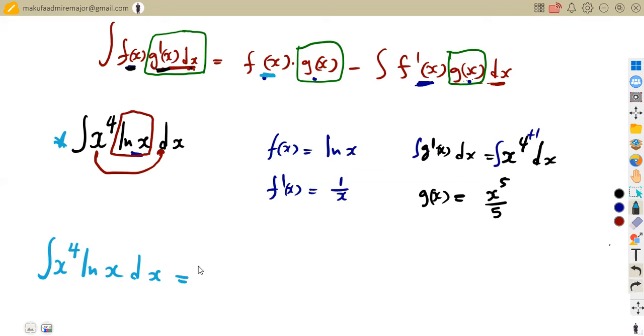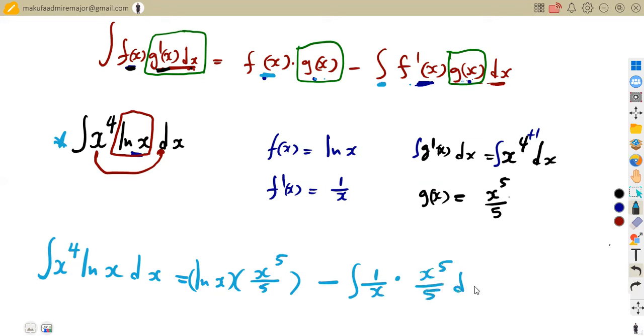So we are going to have the ln of x as our f of x multiplied by gx, that's x to the exponent of 5 over 5, minus the integral of f prime x, which is 1 over x, times gx, that is x to the exponent of 5 over 5, dx.